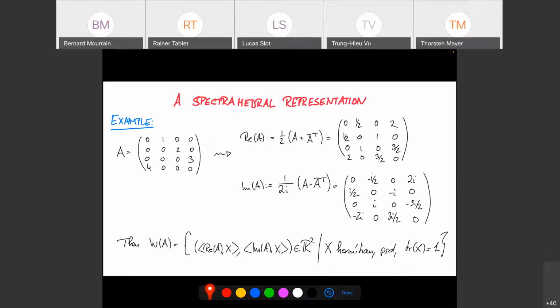So this will give you a real number. And this is just another way to write down the numerical range directly in real coordinates. This here is equal to AX as a complex number.